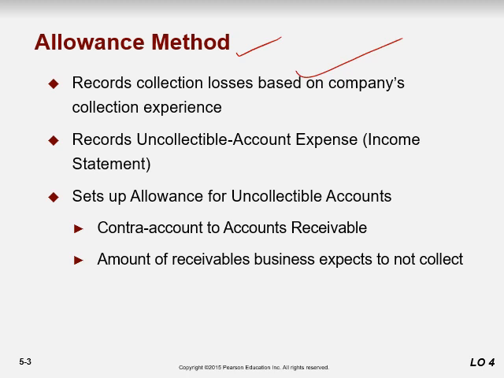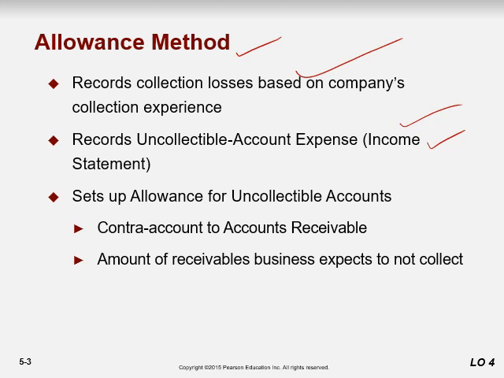Then you record uncollectible account expense, and you charge it to the income statement. Those who did not pay are an expense charged to the income statement. These are bad debts, or uncollectible accounts receivable.